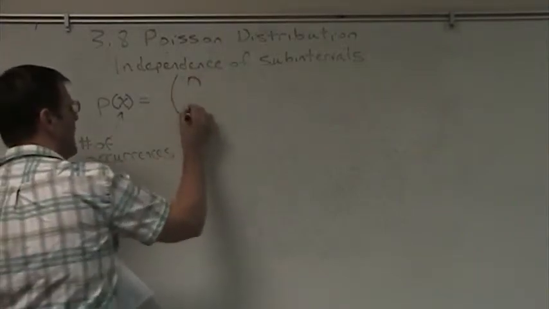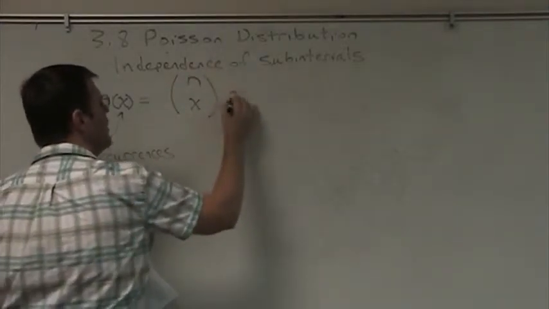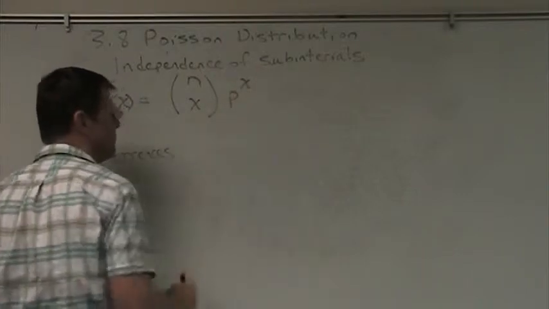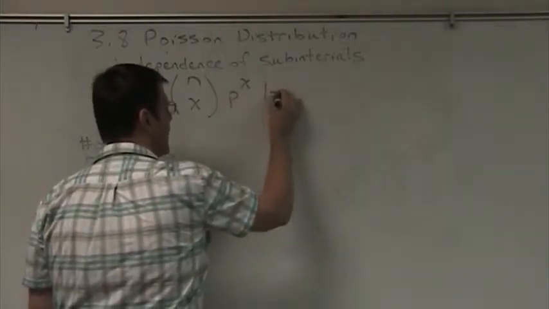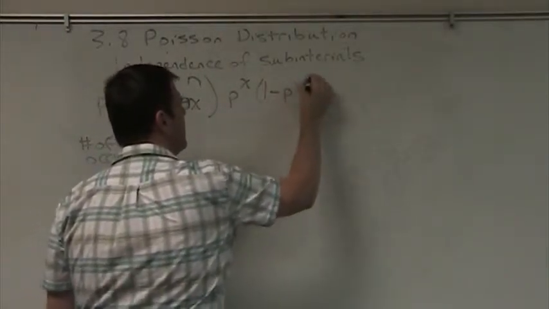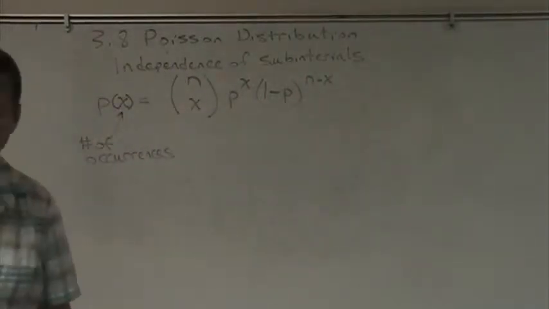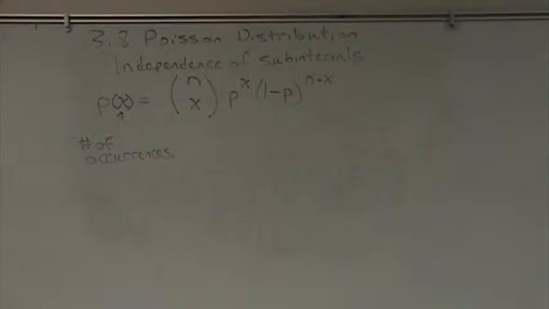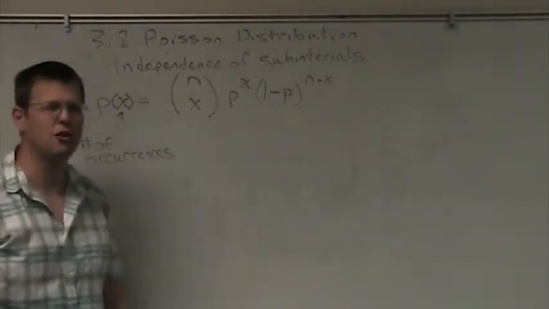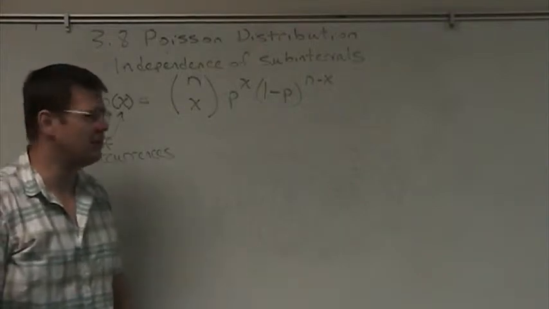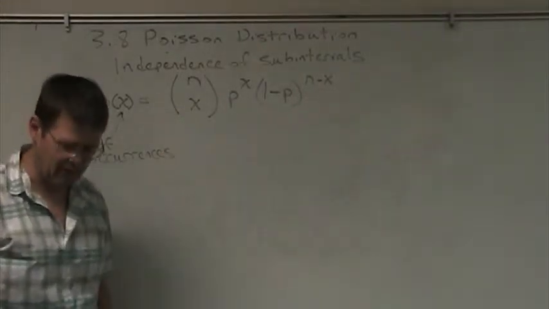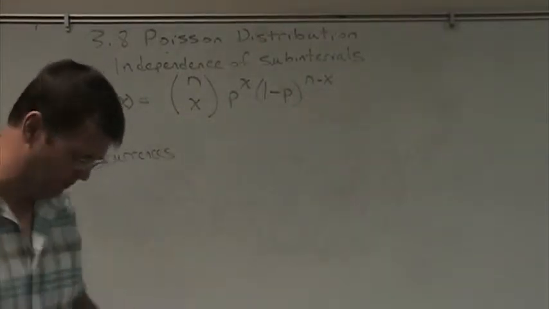So this is going to be n choose x, p to the x, times 1 minus p to the n minus x. Now I know in the other situations we've converted 1 minus p to q, but because of something we need to do here, we're going to leave this in 1 minus p form.